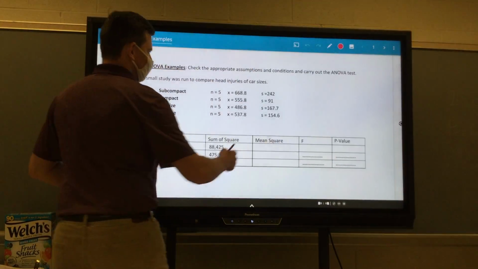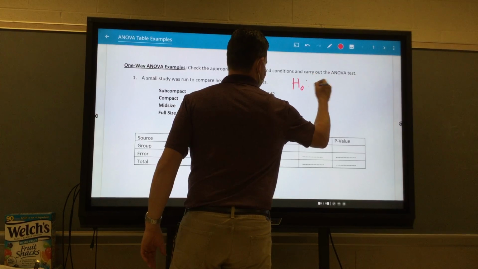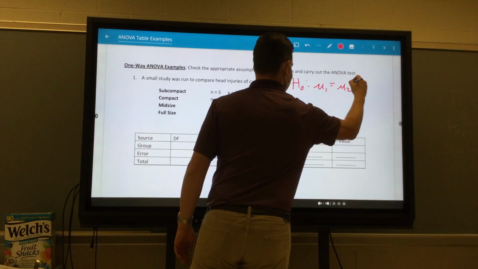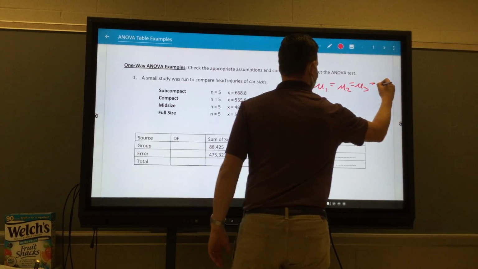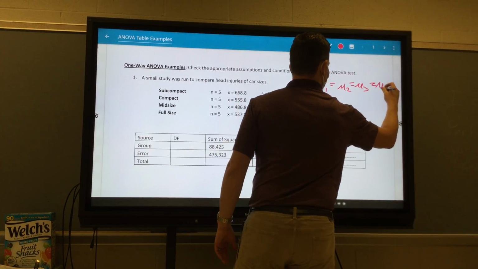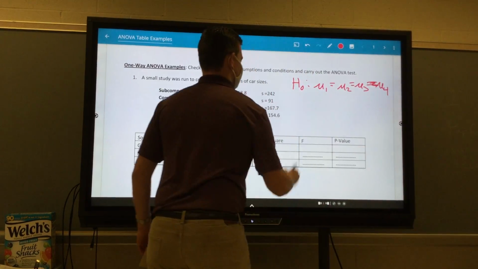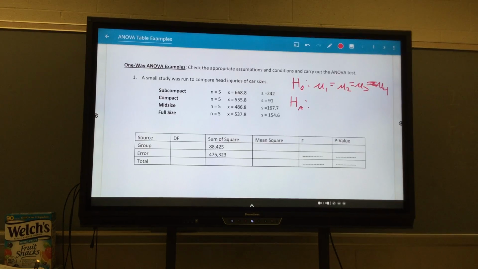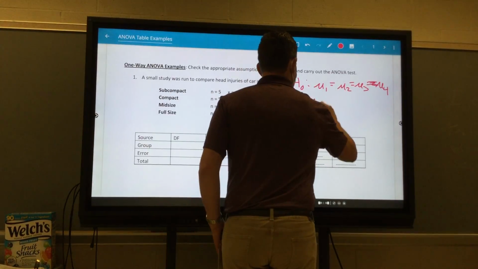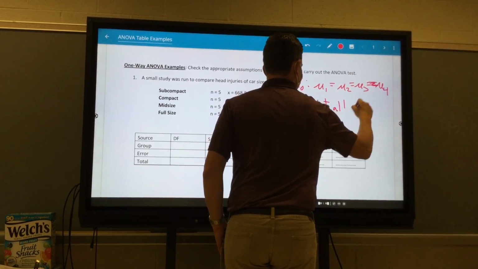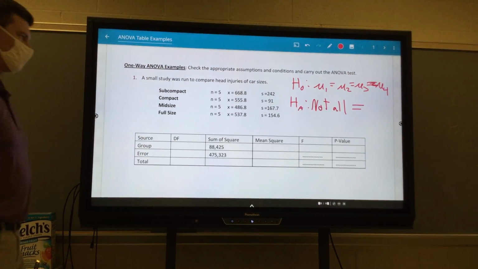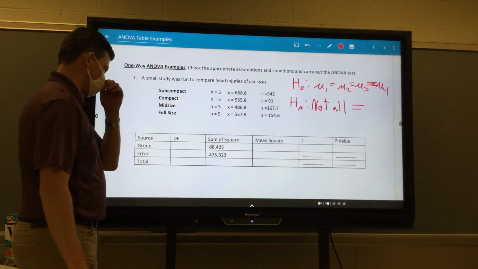Now, off to the side, remember we have our null hypothesis that they're all the same: mu1 equals mu2 equals mu3 equals mu4. That's an equal sign, not a not equal sign. Our alternative hypothesis, they are not all equal. That is sufficient for your alternative hypothesis.